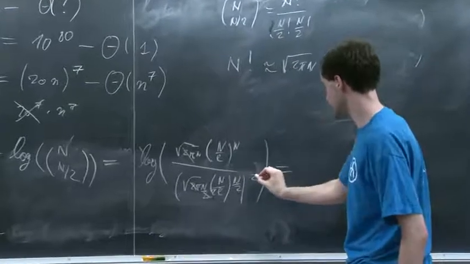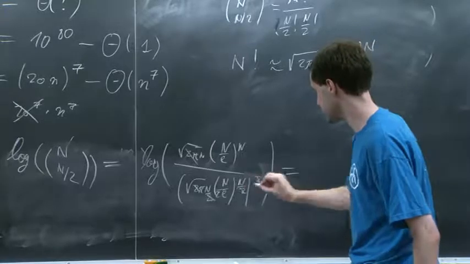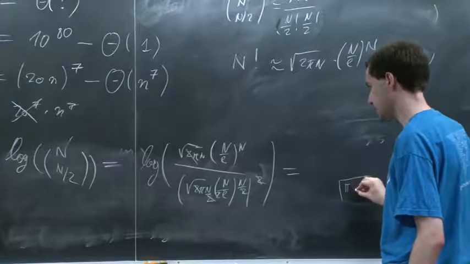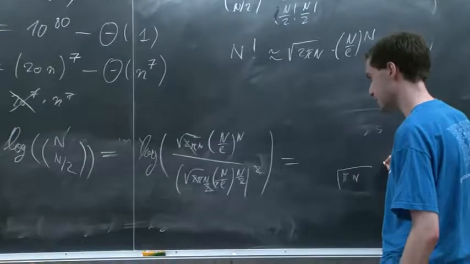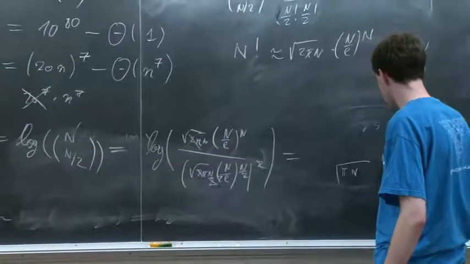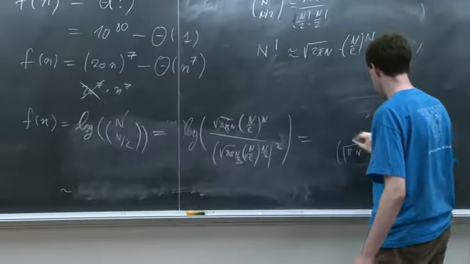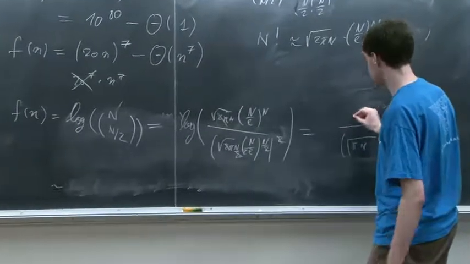Okay, so we can distribute this exponent here to cancel this, and then we get a square root of pi n times n over 2e to the n. Sorry about my handwriting. I think it's better than mine by quite a bit.